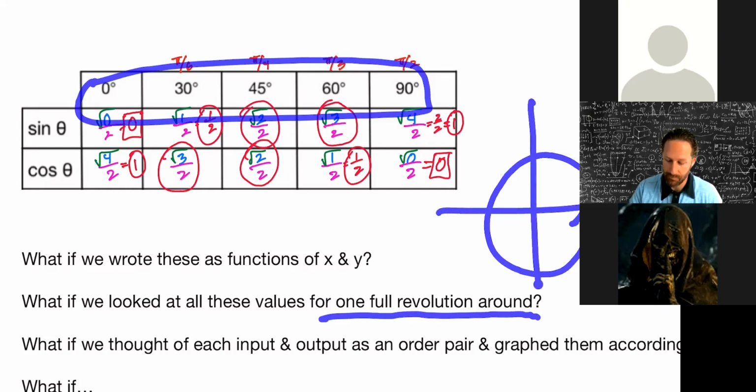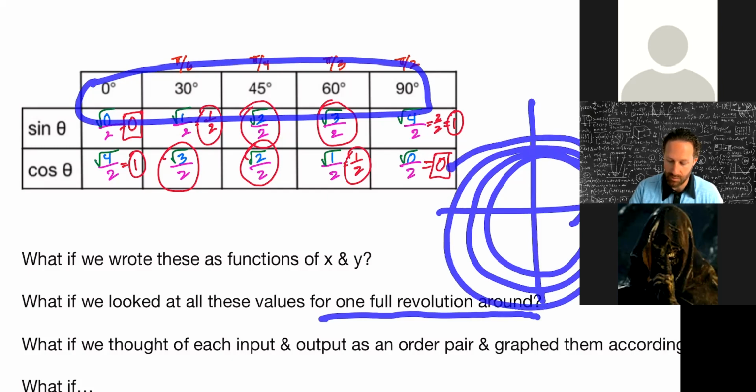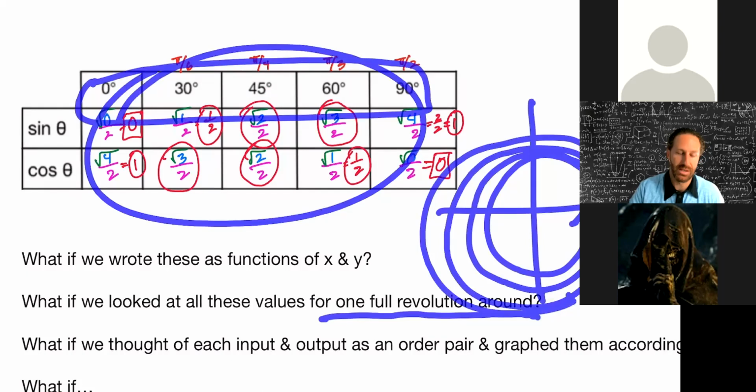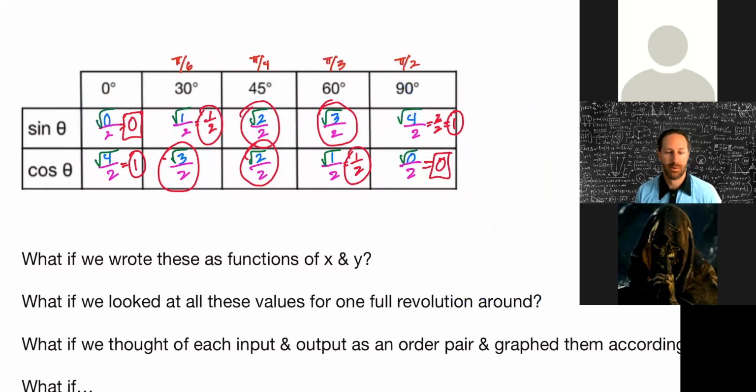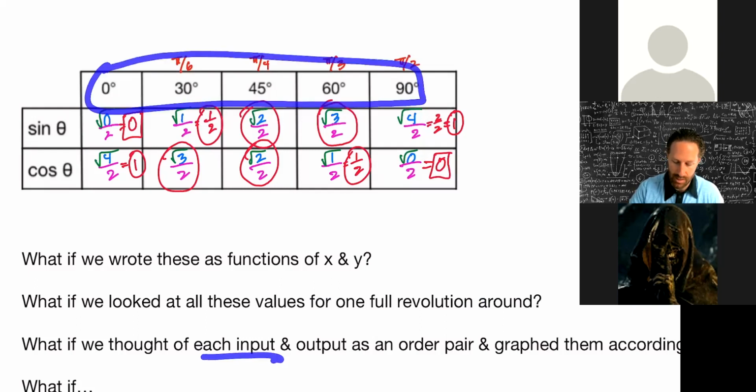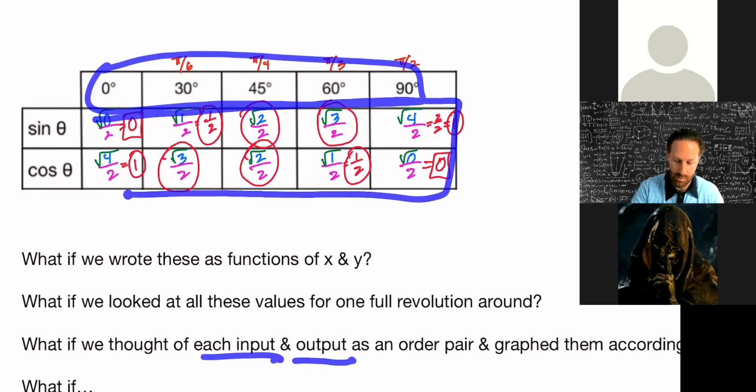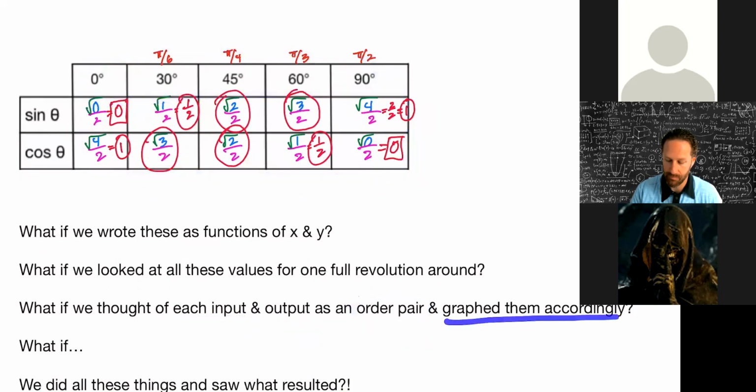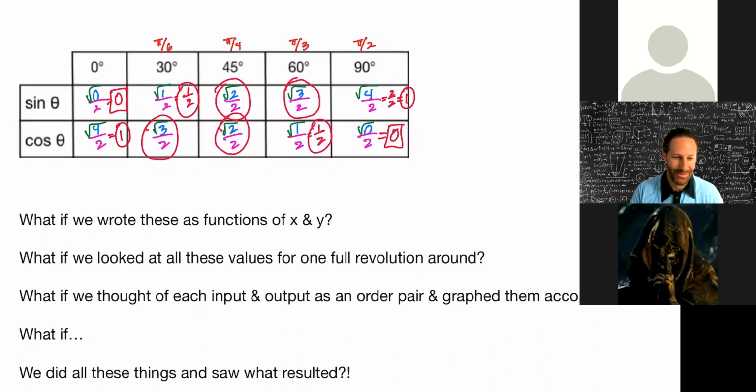What's going to happen if we continue to move around and around and around? We'd get all the same values. And what if we thought of each input, which were our angles, and each output, which were our ratios, as an ordered pair, and actually graph them? What if, okay, that's enough of the what ifs.